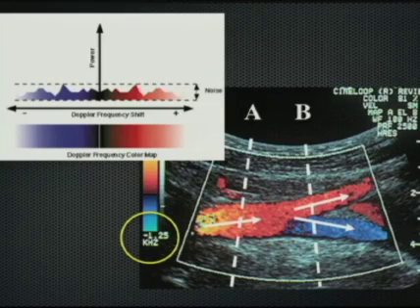Now the convention is to use different colors to indicate the sign of the Doppler frequency shift. As you'll recall, if the target is moving away from the transducer, we end up with a negative Doppler frequency shift. If the target is moving towards the transducer, we have a positive Doppler frequency shift. And by convention, we use colors to indicate whether the Doppler shift is positive or negative.